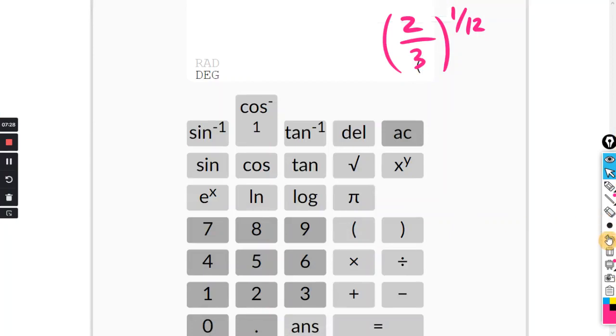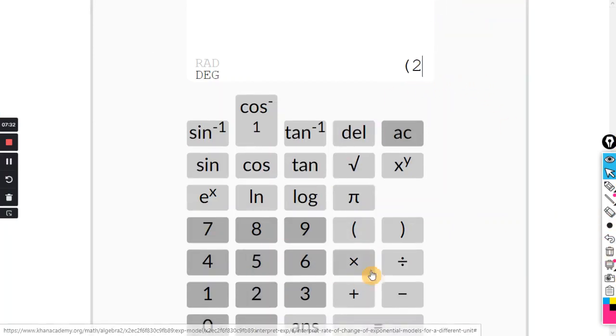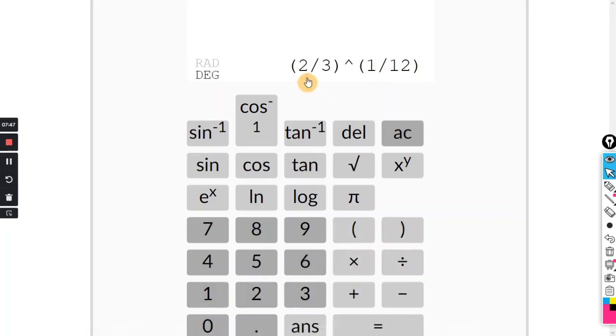So it's going to be parentheses, 2 divided by 3, close parentheses, to the power of parentheses 1/12, or 1 divided by 12, same thing. Close parentheses again, 2/3 to the power of 1/12.